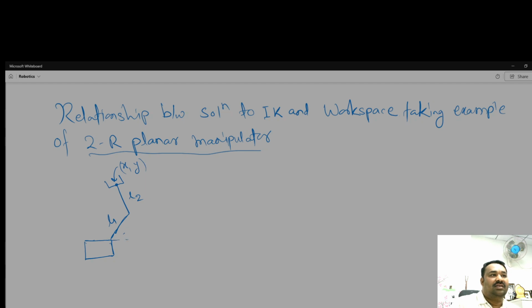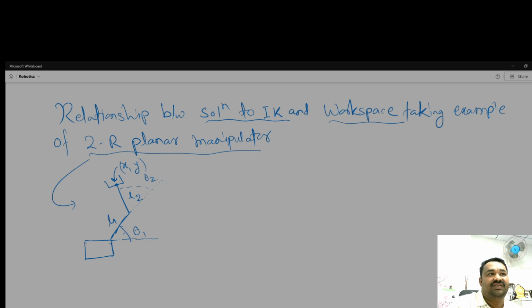What about angles? It is theta 1, and extending the axis of link 1, we get theta 2 here. So this is the schematic of a 2R planar manipulator. Now regarding various solutions and the workspace.